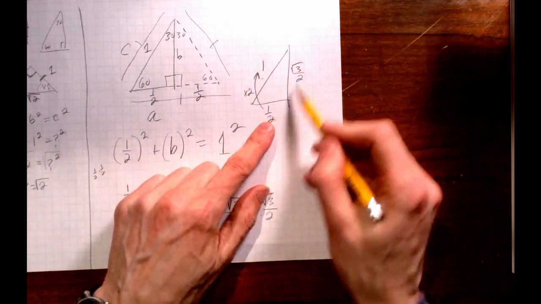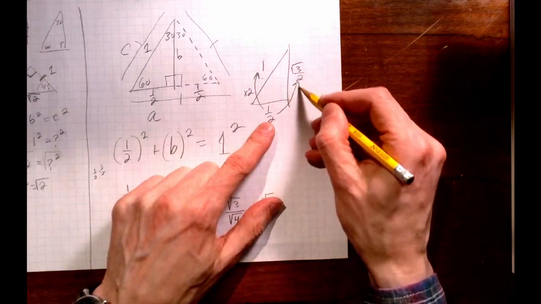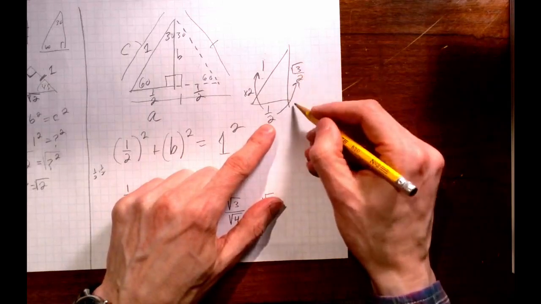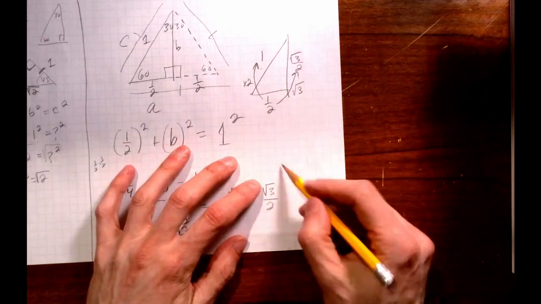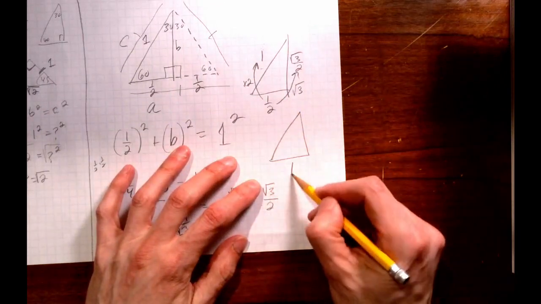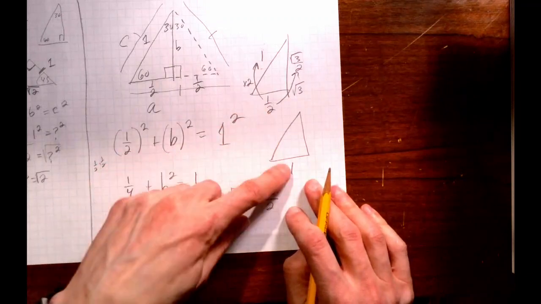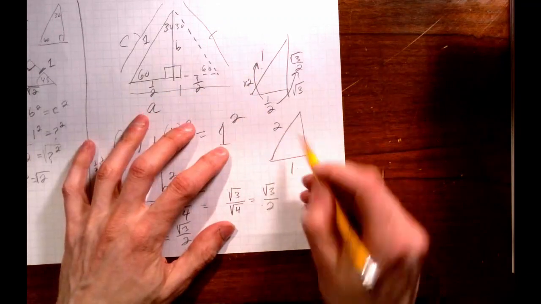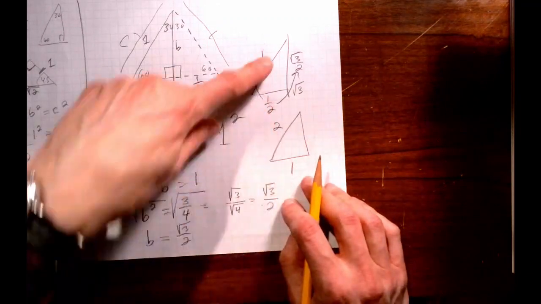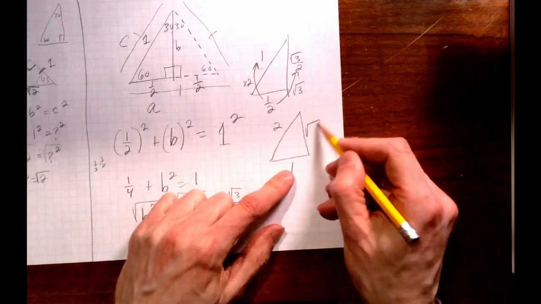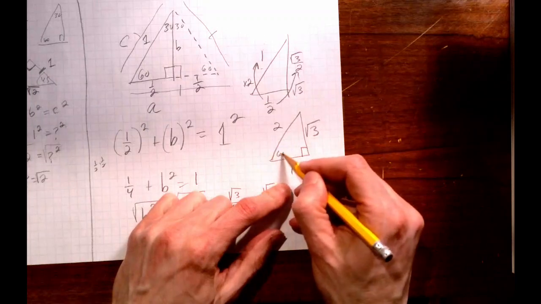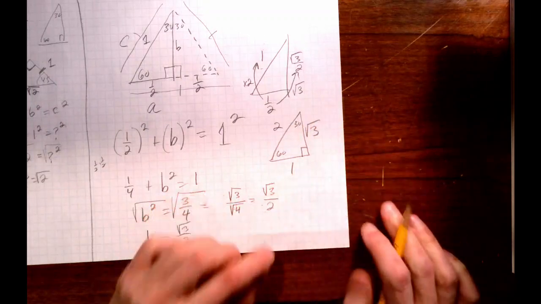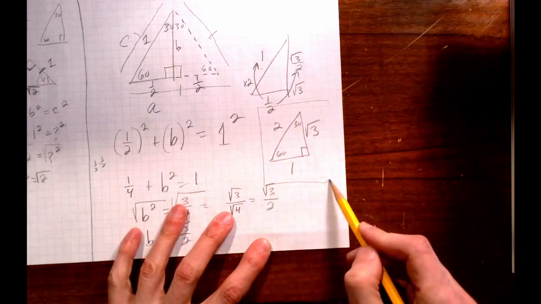If I want to get from here to here, what do? I multiply by radical 3. So if this one was 1 on the bottom, then it would be 1 times 2 to get that. And if this one was 1 and I want to get that one, well, that would be radical 3 times it. And now this is how you're used to seeing it.